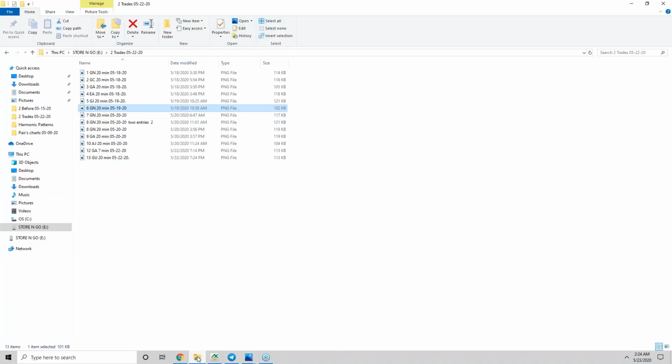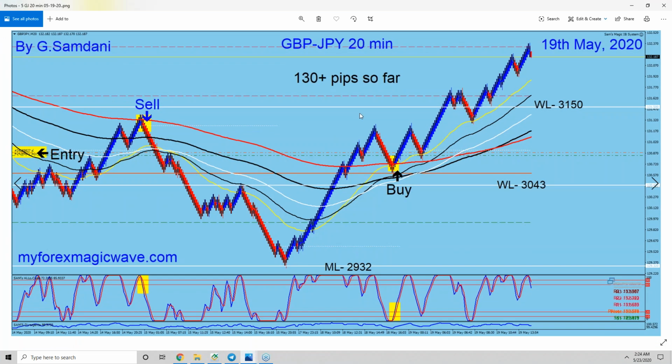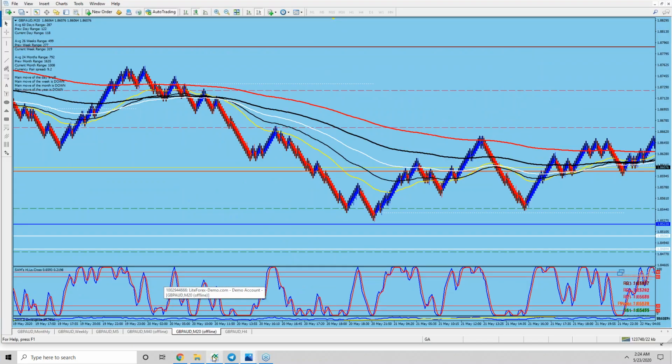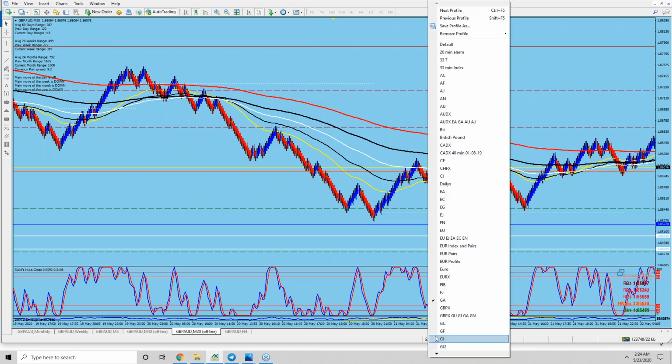In fact, this week I had this beautiful move to the upside for 130 pip, a nice by-the-book entry, right? And same thing, I held this based on the daily range. Let's take a look at the daily range for pound yen.